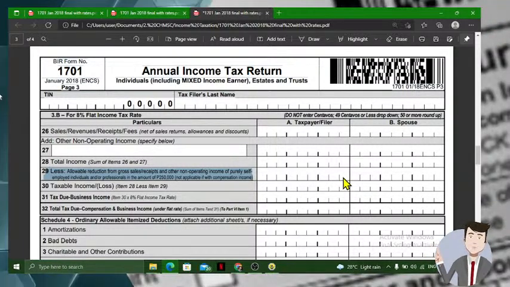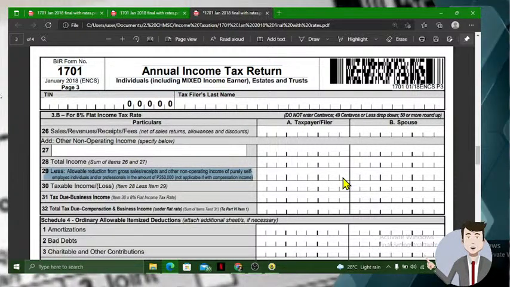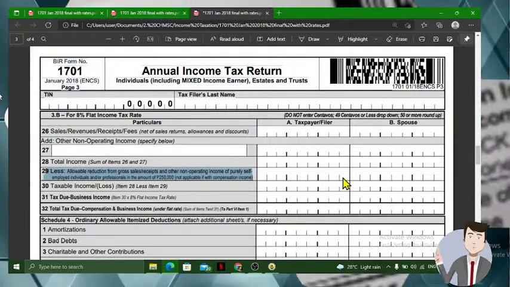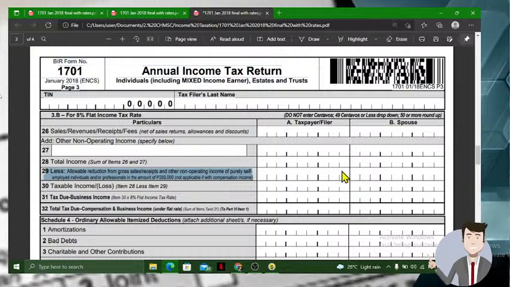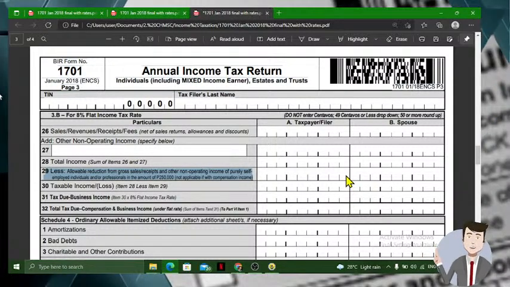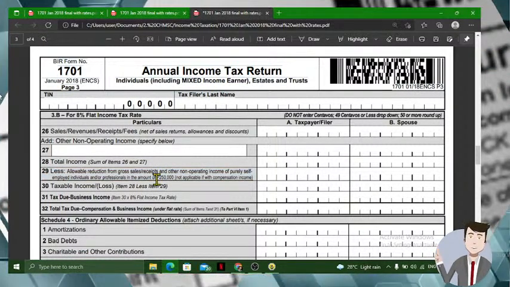250,000. Okay? But if you are employed and at the same time doing business which is subject to the 8% income tax rate, you have to put 0. You are no longer allowed to deduct the fixed deduction of 250,000. Why?